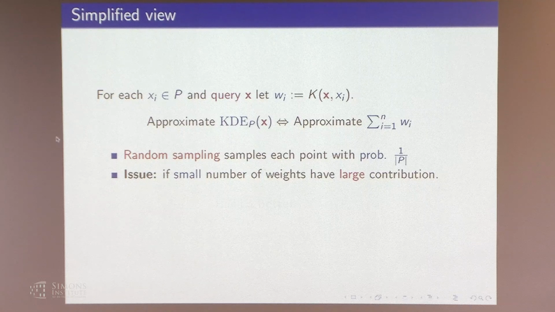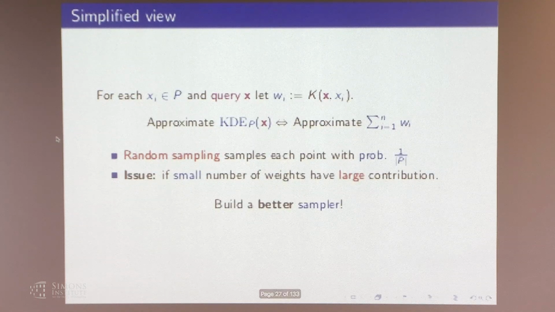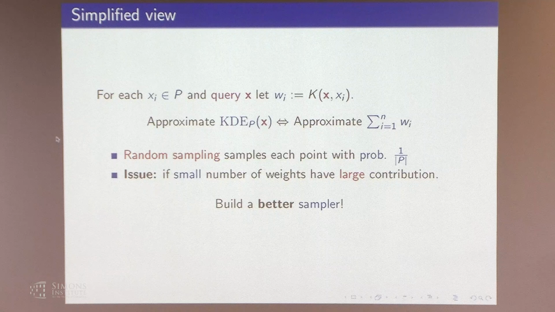The case where random sampling does badly is exactly where a small number of weights have very large contribution. If you could sample in a more intelligent way, so you can do well in the setting where a small number of points have very large contribution, then you could beat random sampling. And that's the main idea. In our case, what is this quantity that we're trying to estimate?